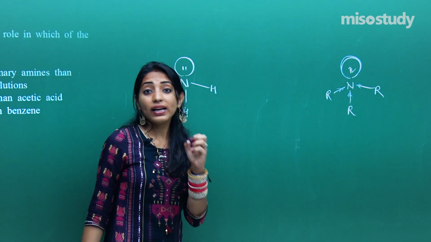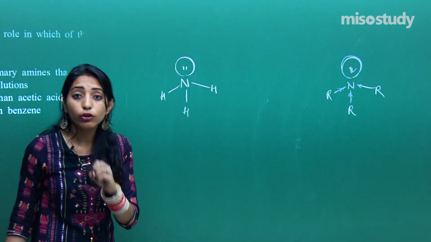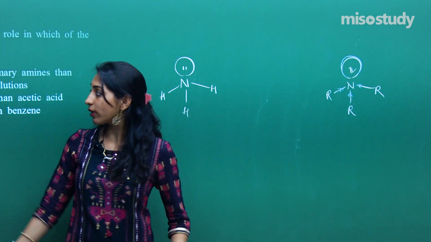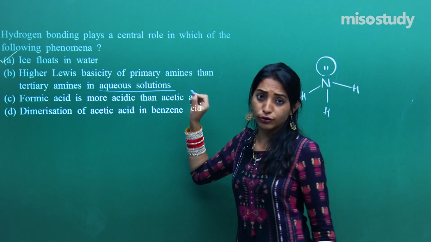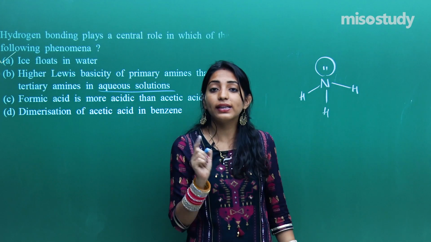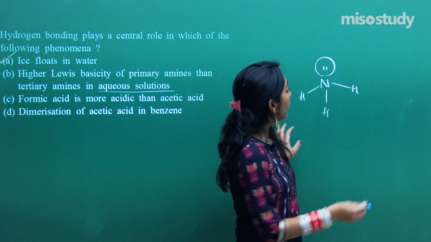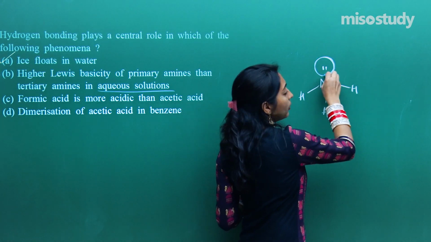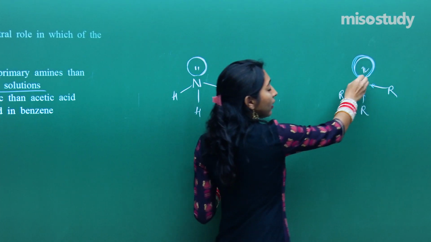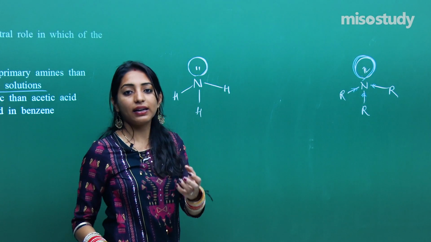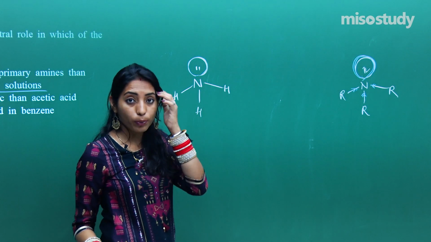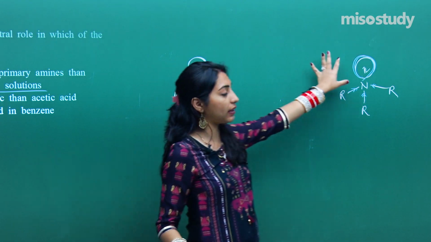But now the important condition is not the gaseous state. The important condition is the aqueous solution. And we know in the aqueous solution, hydrogen bonding takes place. So let's say this lone pair is common. This lone pair is common. So whatever availability of lone pair is there is because of this as well as because of this.